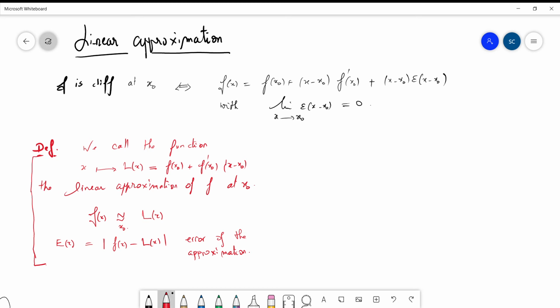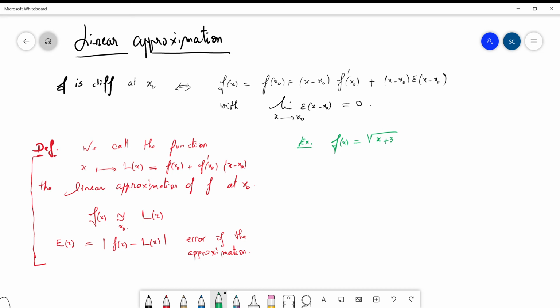So let's do a first example, a direct application of the definition of linear approximation, for the function f(x) equal to the square root of x plus 3. We are asked to find the linear approximation of f at 1.